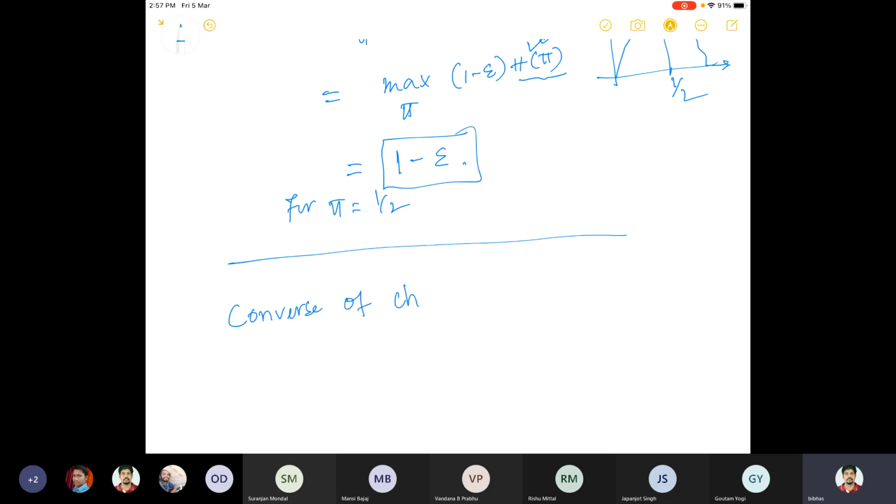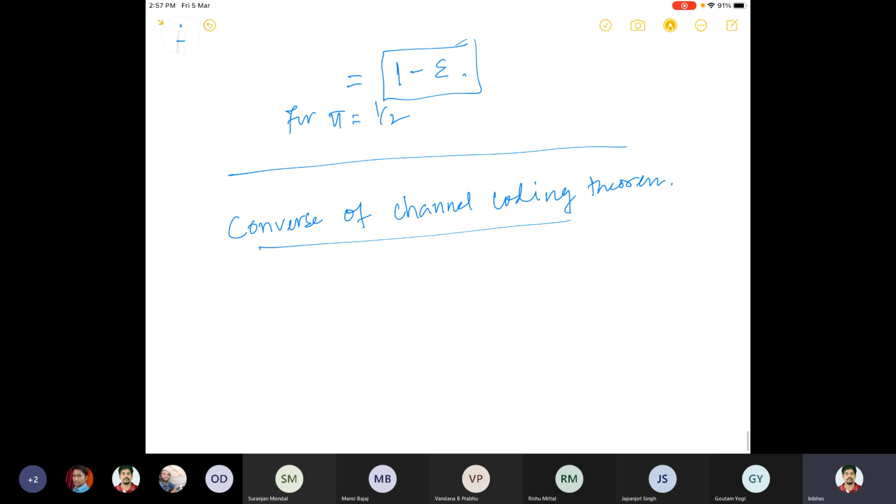We actually did not prove the channel coding theorem; we proved the converse of the channel coding theorem. Let me not write the exact statement, but the final conclusion was like this: the source entropy.